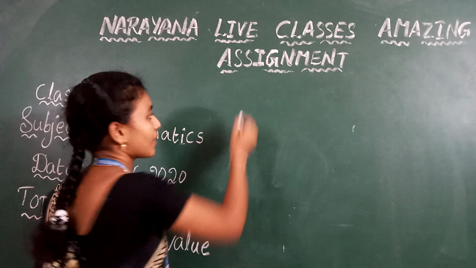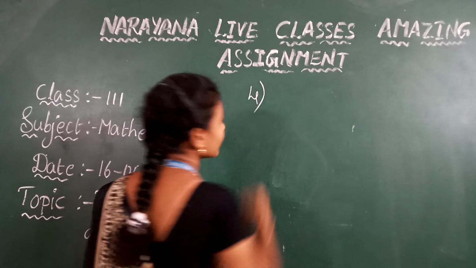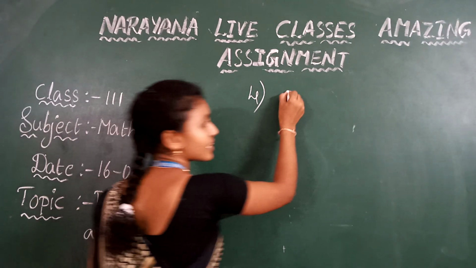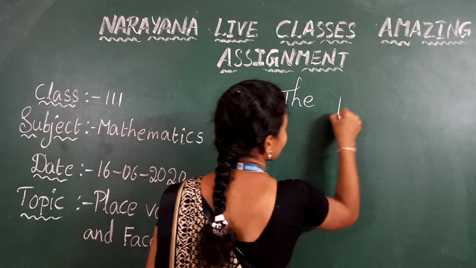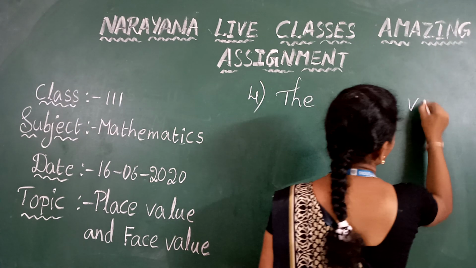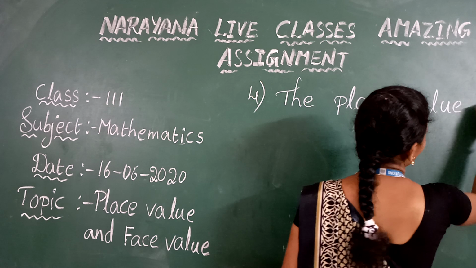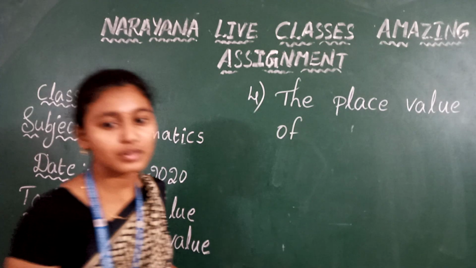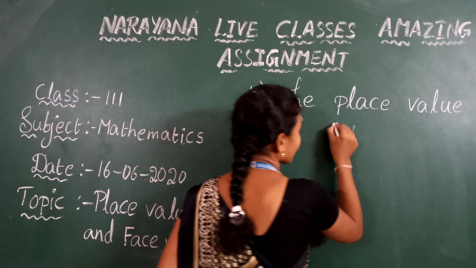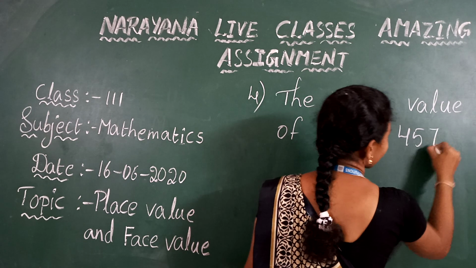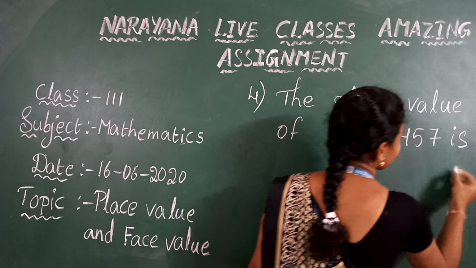Next, fourth blank. The place value of 4 in 457 is dash.